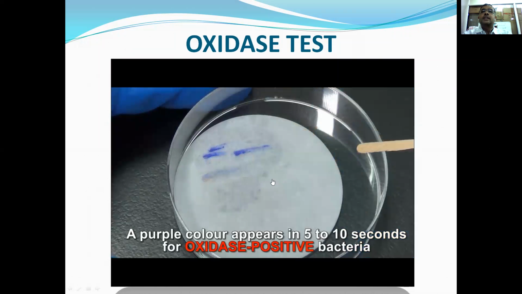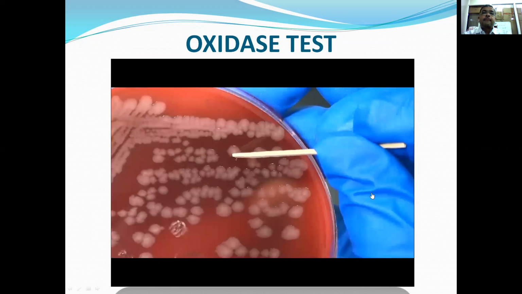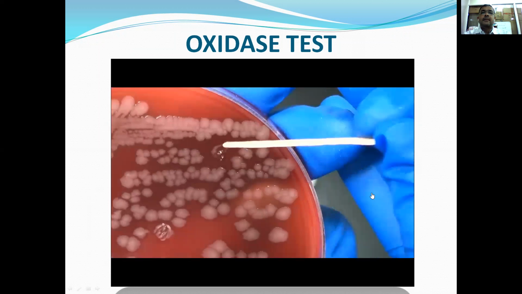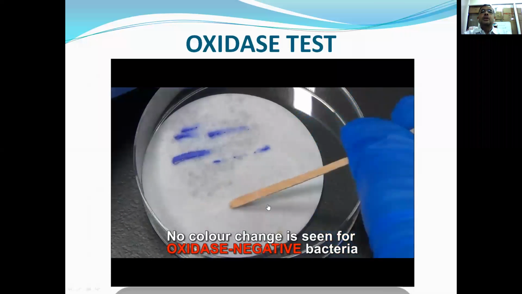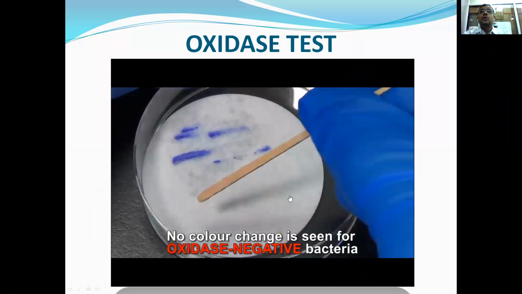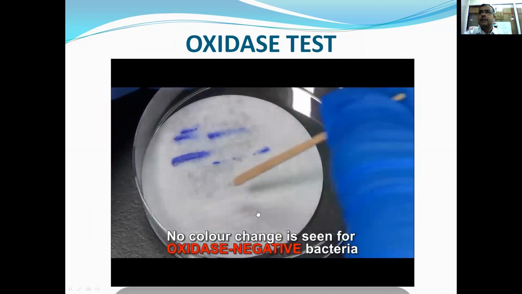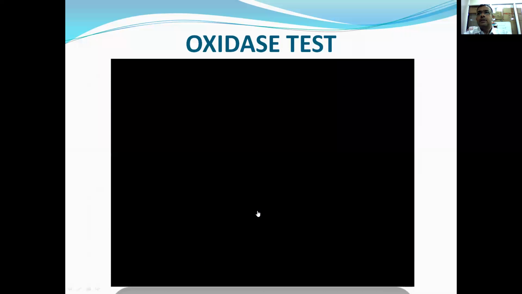Now we are streaking the second bacteria. No color change indicates oxidase negative. So Pseudomonas is positive and E. coli is negative. So this is in brief the procedure of the oxidase test.